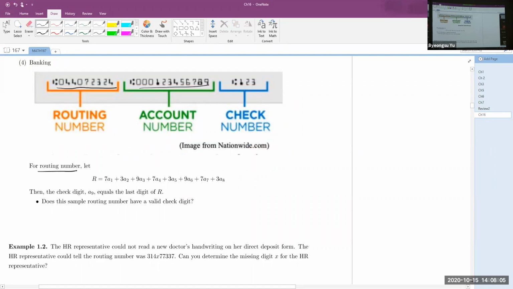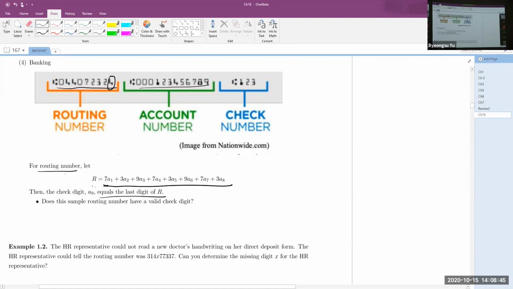Account numbers are different for each bank, with different schemes for each bank, but routing numbers all have the same scheme. You follow it by adding this weighted sum of your numbers. So R is equal to 7 times the first digit, 3 times the second digit, 9 times the third digit, and so on, right? And then A9, the last digit, equals the last digit of R. So that's how the routing number is made.